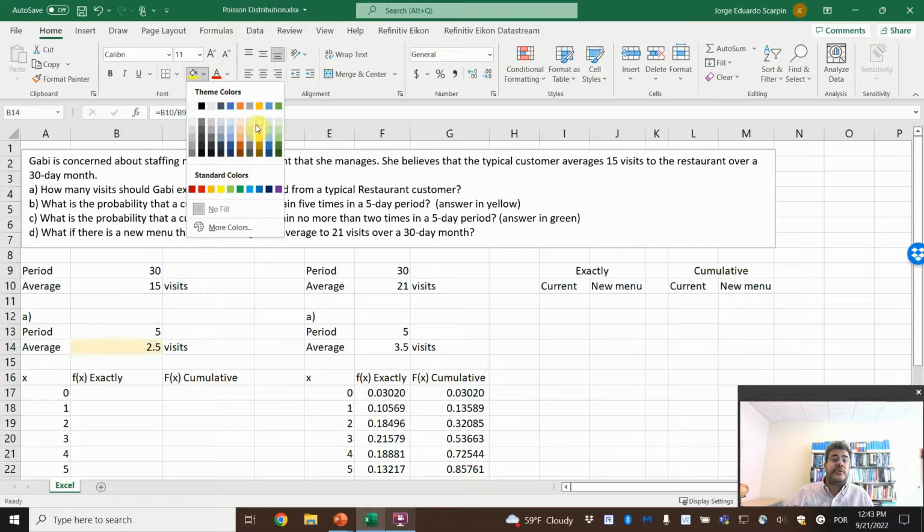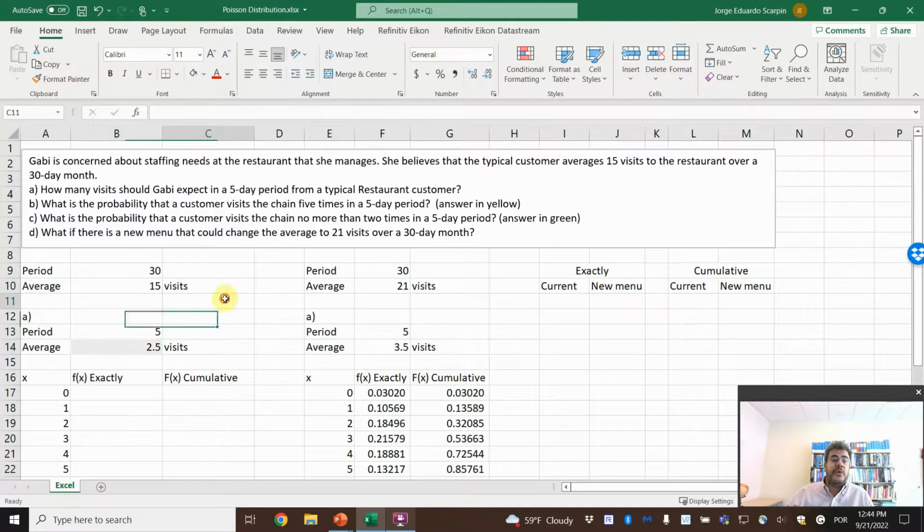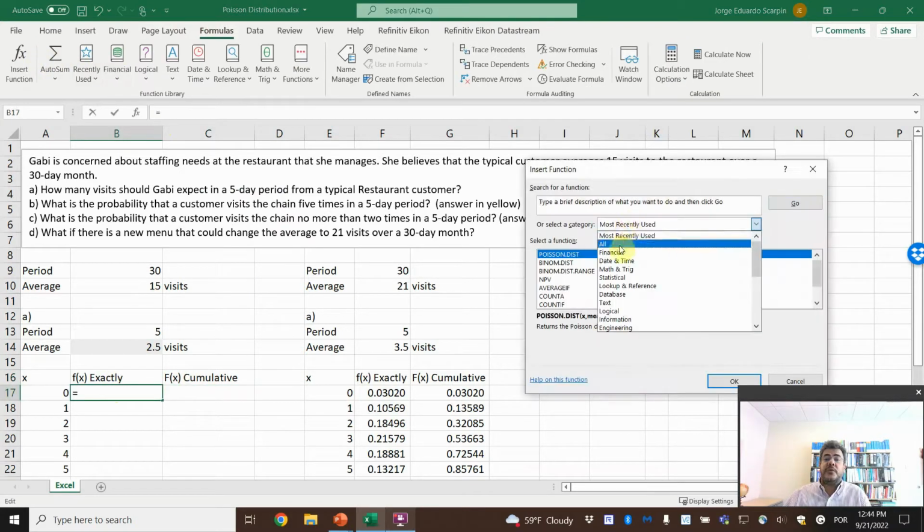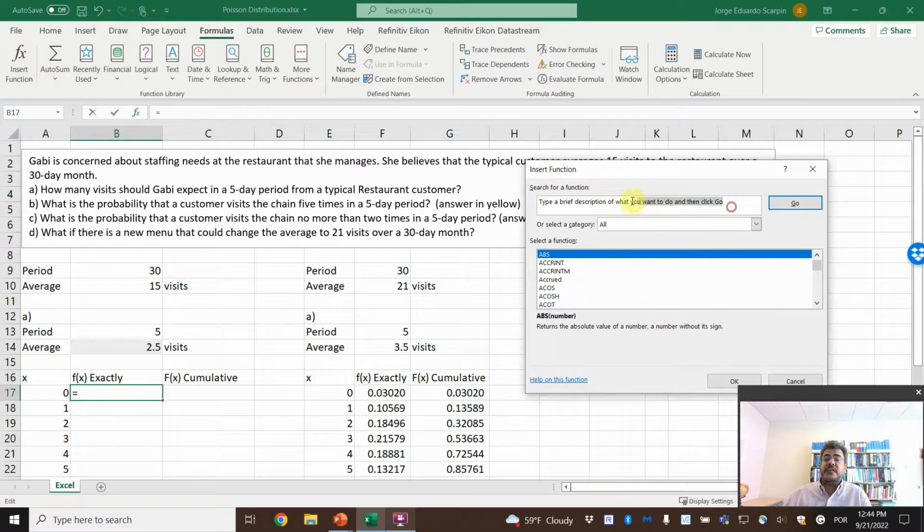So let's go. I don't want at least 5 times. I want exactly 5 times. So it is F, X, where X is the number of times, and capital F is for cumulative. So what do we do? Insert function. The easiest way, type Poisson here.